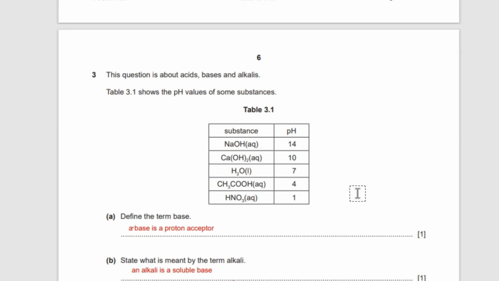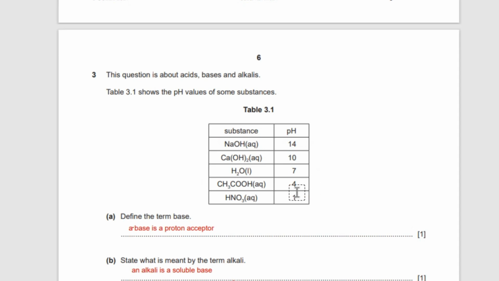You know generally that the concentration of hydrogen ion and pH have a relationship. The higher the concentration of hydrogen ion, the lower the pH. That's an inverse relationship. As one is going up, the other is reducing.